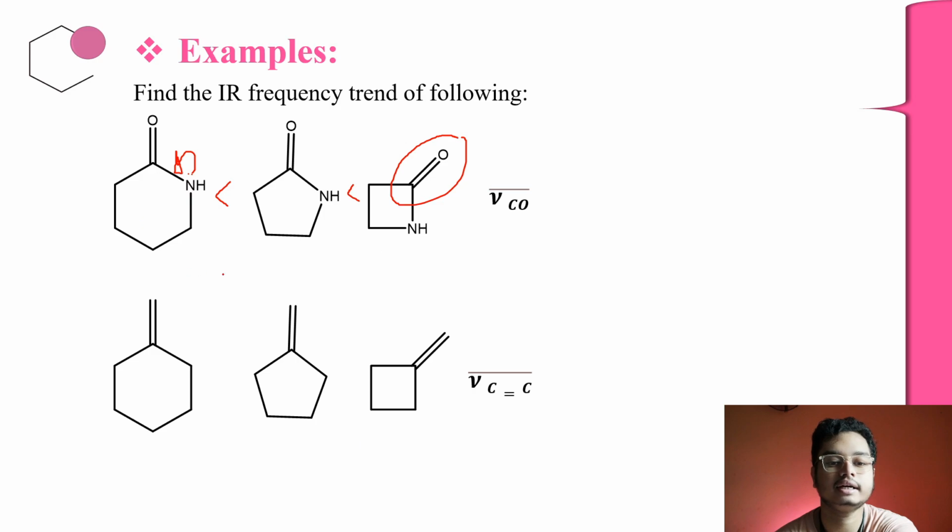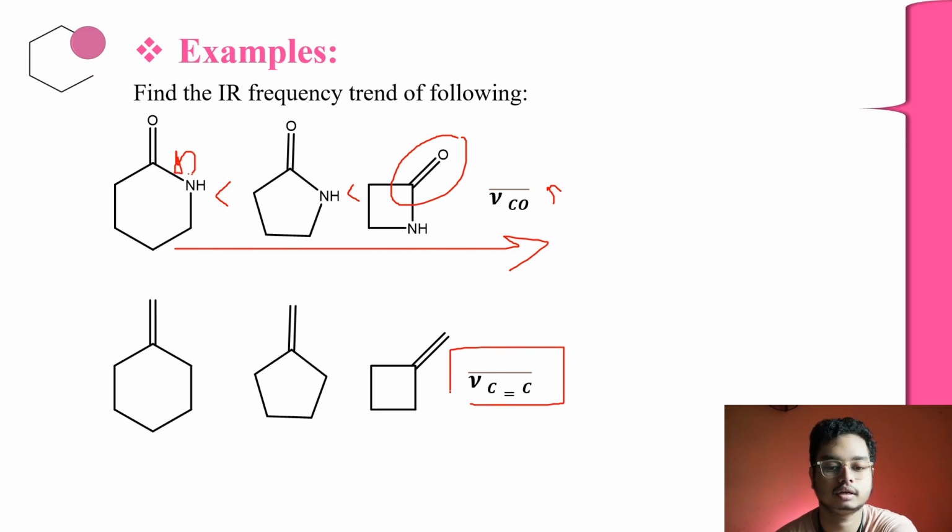However, the trend is something like this: nu CO is increasing. A similar concept applies to the exocyclic CC double bond IR spectrum, where ring strain explains the increasing trend in the nu CC frequency, where the CC bond wave number is much higher here than this.